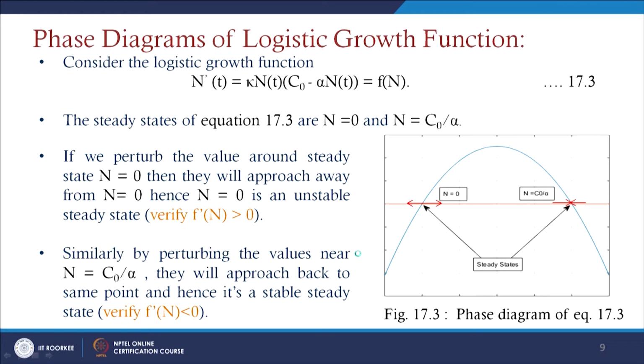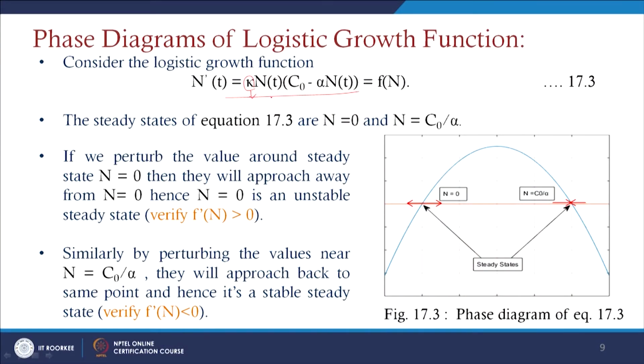We have discussed these equations in the earlier lectures, in the form N dash t equals k N of t, C0 minus alpha N of t, where C is the concentration or the food supply that should be provided, and N represents the population size N of t, and k is the rate of population growth or decline, which can be controlled. Then the steady state for this equation is represented by N dash t equals 0.